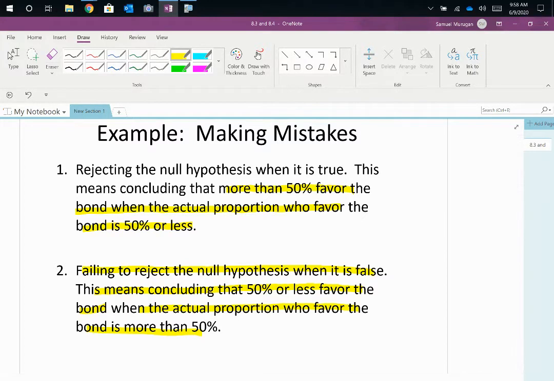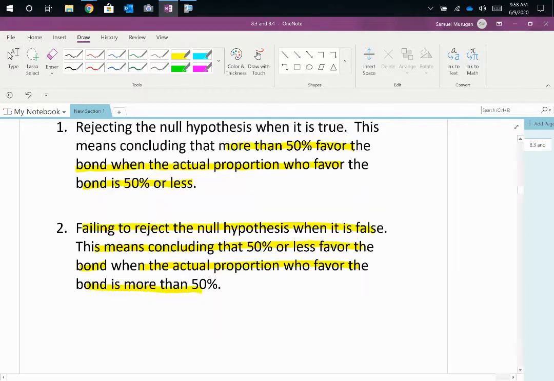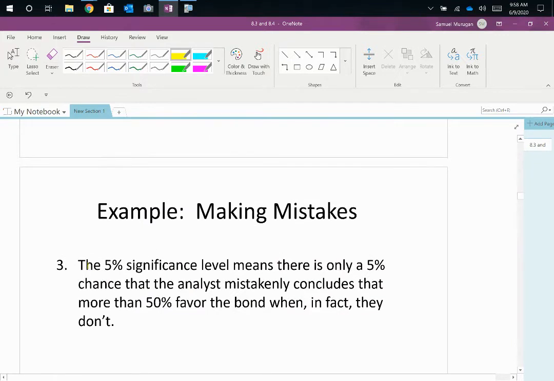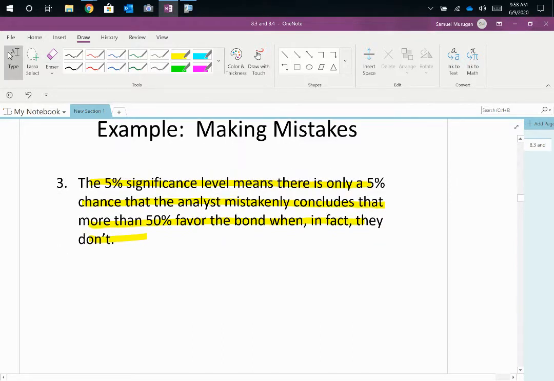If you reject the null hypothesis or fail to reject the null hypothesis when it is true or when it is false, you're making a mistake. The 5% significance level means there is only a 5% chance that the analyst concludes that more than 50% favor the bond when in fact they don't. So, again, the significance level is also affected by inaccurate conclusions.